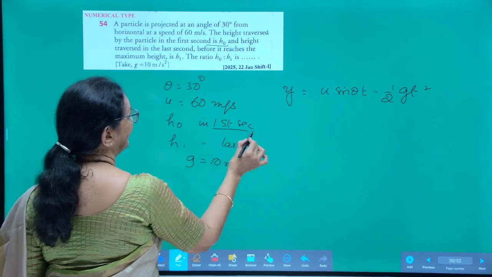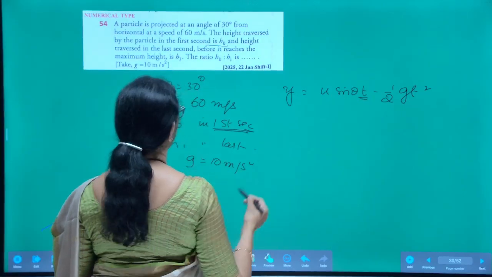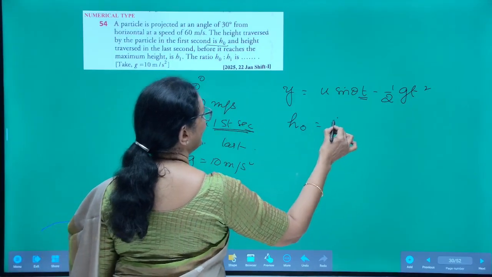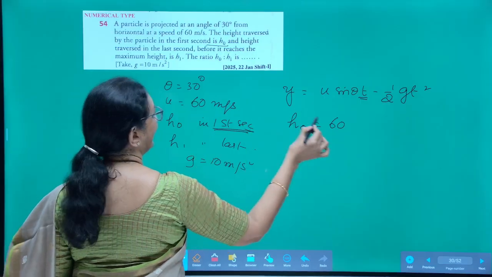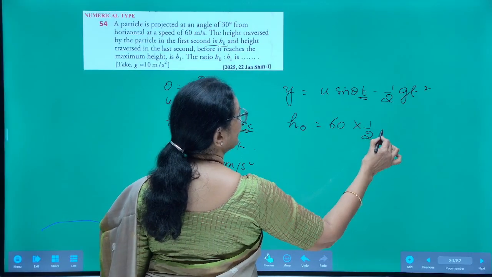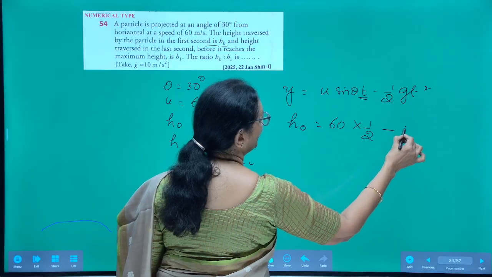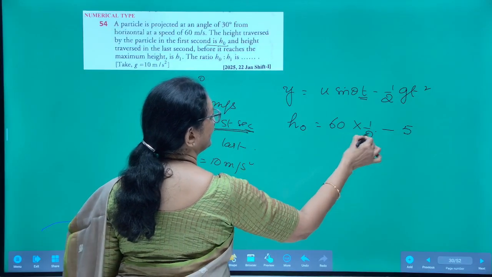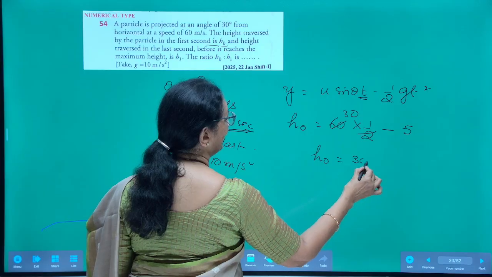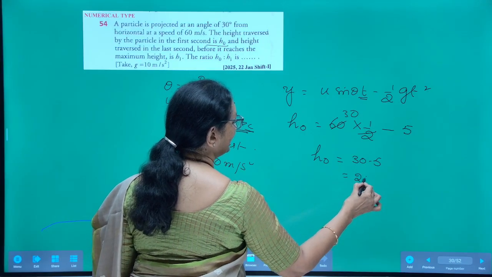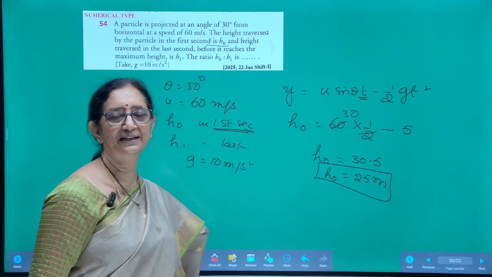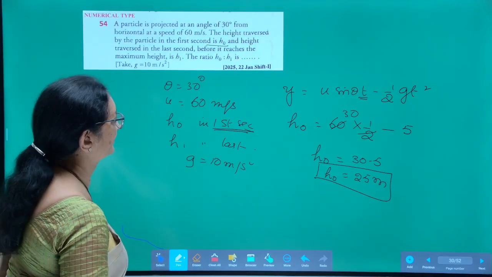See here, in the first second, when t is equal to 1, vertical displacement is h0. u is given as 60, theta is given as 30, sin 30 is half, t is given as 1, g by 2 is 5, t square is 1. So, h0 is equal to 30 minus 5, that is 25 meters. So, vertical displacement in the first second is 25 meters.